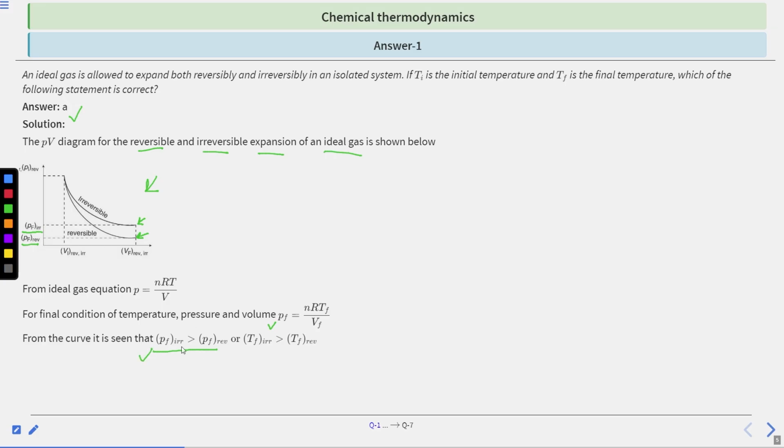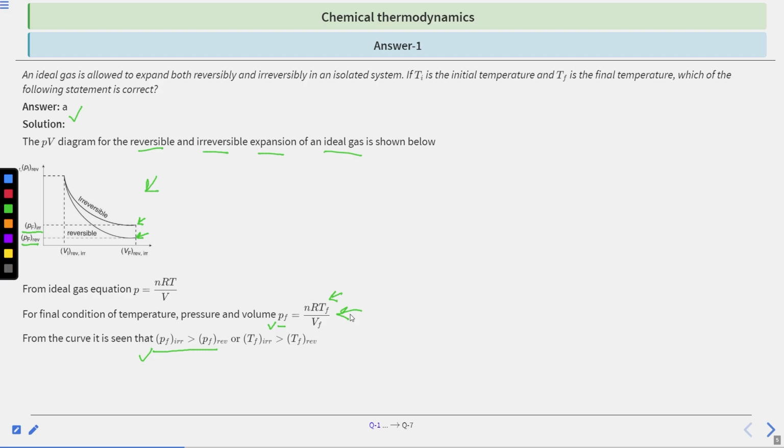So you can say that the temperature at final for the irreversible process is greater than T final for the reversible process, which we can conclude from the ideal gas equation, because we can see that pressure is directly related to the temperature of a process. So if P is greater, T will also be greater.